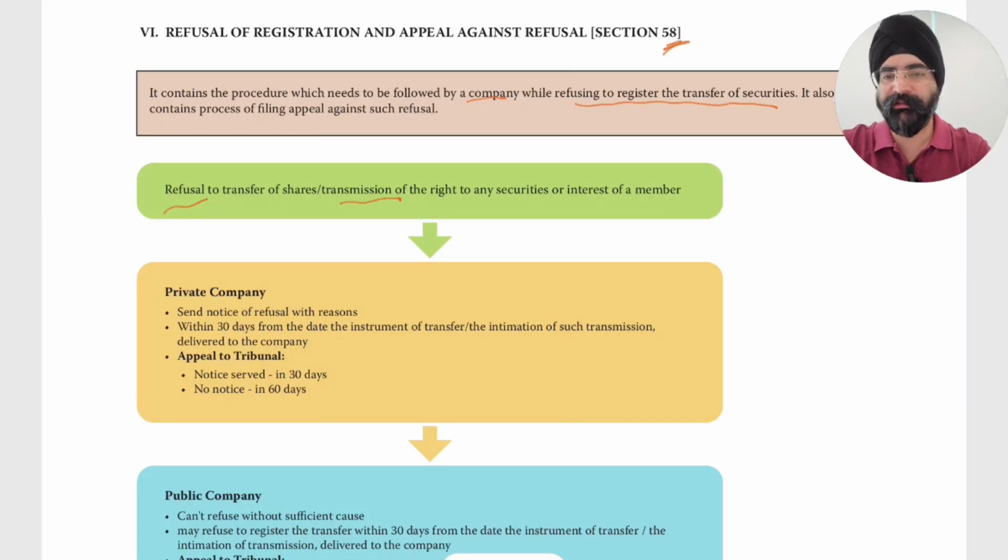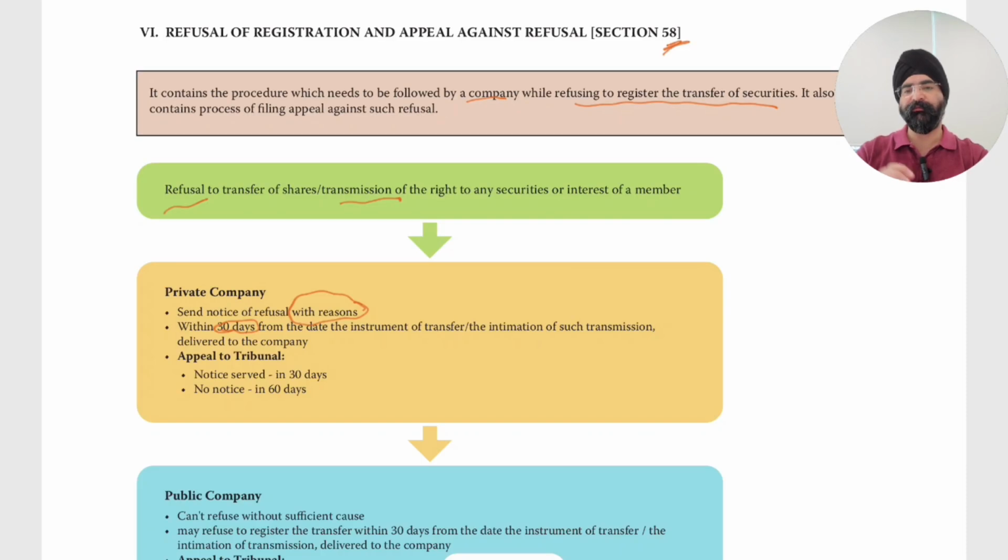Private company. What will the private company do? Send notice of refusal with reason. This notice of refusal is to be sent by a private company along with reason within 30 days from the date of the instrument of transfer or the intimation of such transmission delivered to the company.